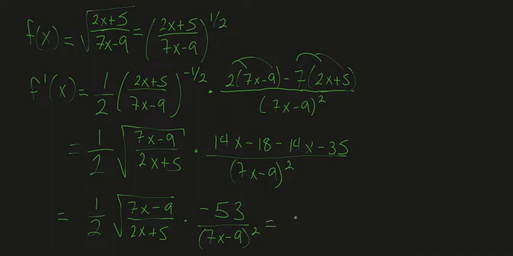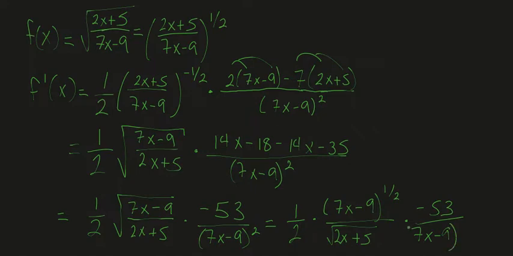The last simplification that we can make will be if we separate this square root by top and bottom. We can say half times (7x minus 9) to the power of half over the square root of 2x plus 5, times negative 53 over (7x minus 9) squared.